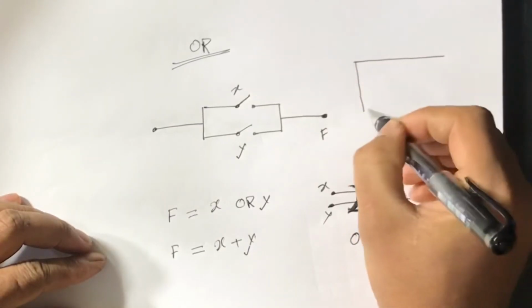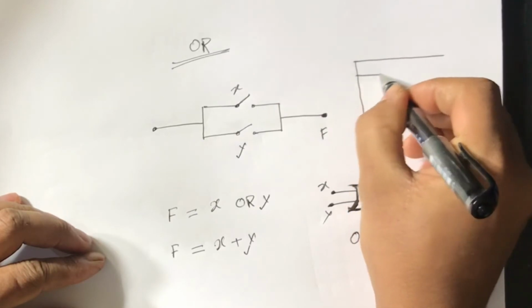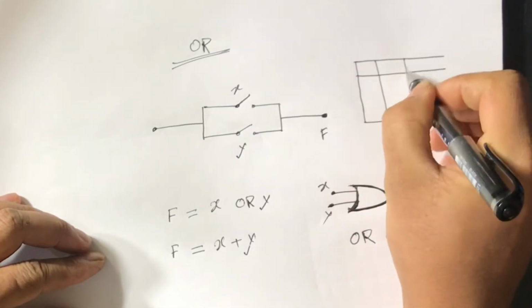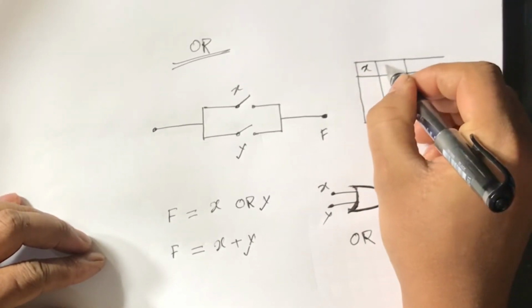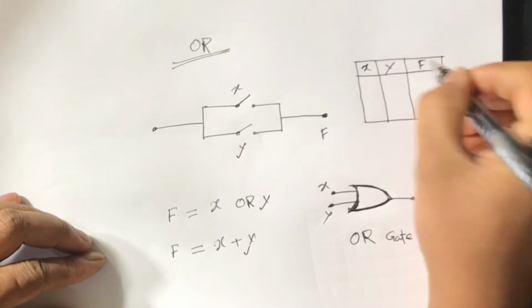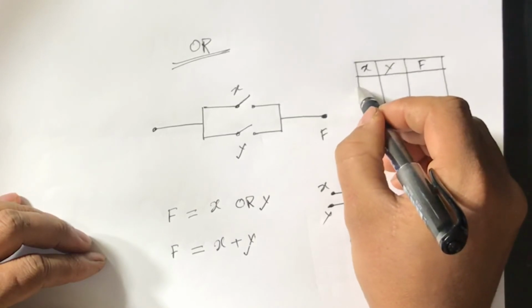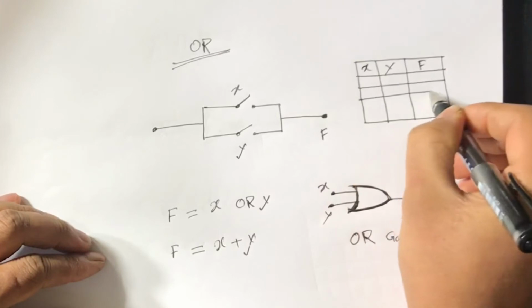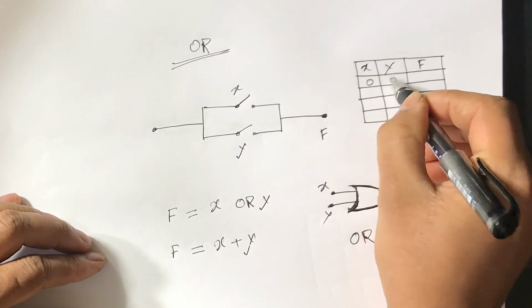For the inputs and outputs of the OR gate, we use the truth table of OR gate. This is X and Y, and this is the output F. Also we have four possible values of two inputs: 0, 0.